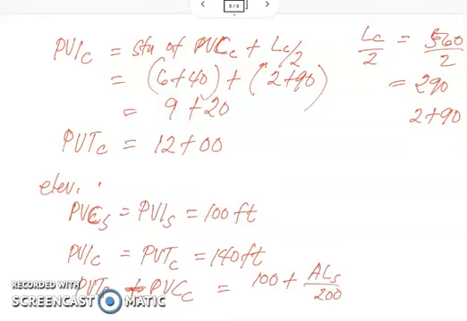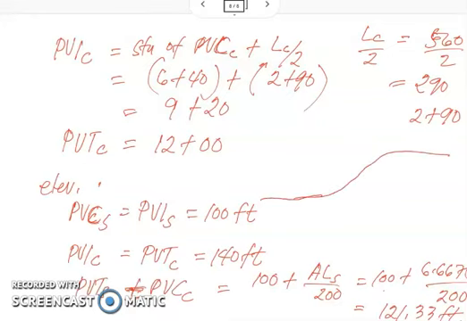So this gives us 100 plus 6.667 times 640, then divide this by 200, and this will give us 121.33 feet.